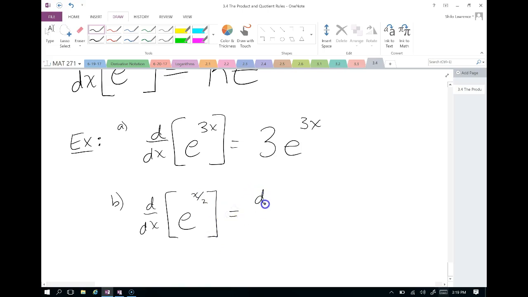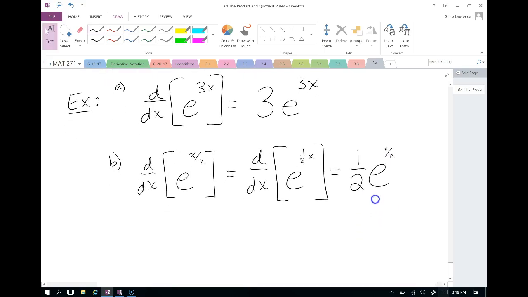Now, the first thing I would do is I would rewrite this. Instead of looking at it as division, rewrite it as multiplication. X over 2 is the same as 1/2 x. And it's a little bit more obvious what you're supposed to do. X over 2 is the same as having a 1/2 coefficient. So this is 1/2 e to the 1/2 x, or x over 2.